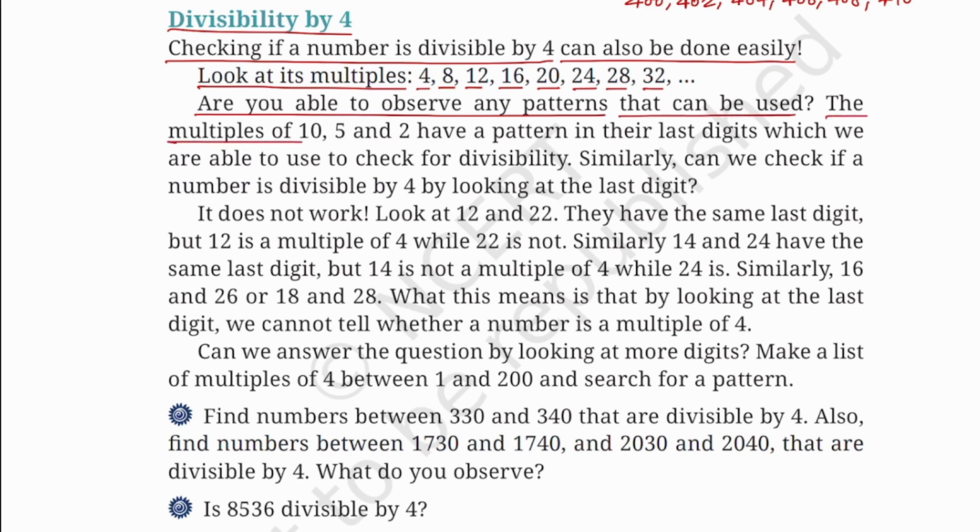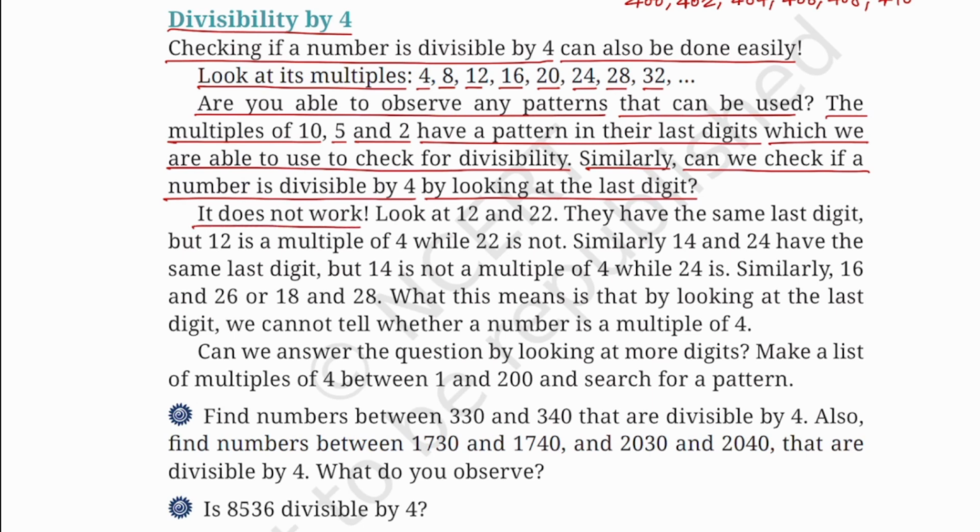The multiples of 10, 5, and 2 have a pattern in their last digits which we are able to use to check for divisibility. Similarly, can we check if the number is divisible by 4 by looking at the last digit? It does not work.